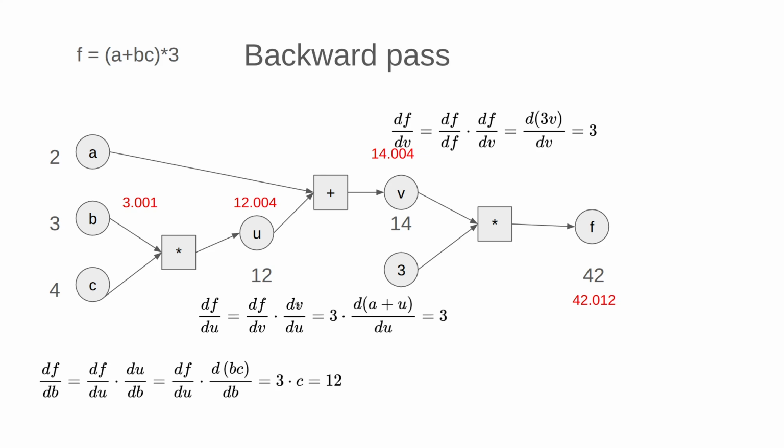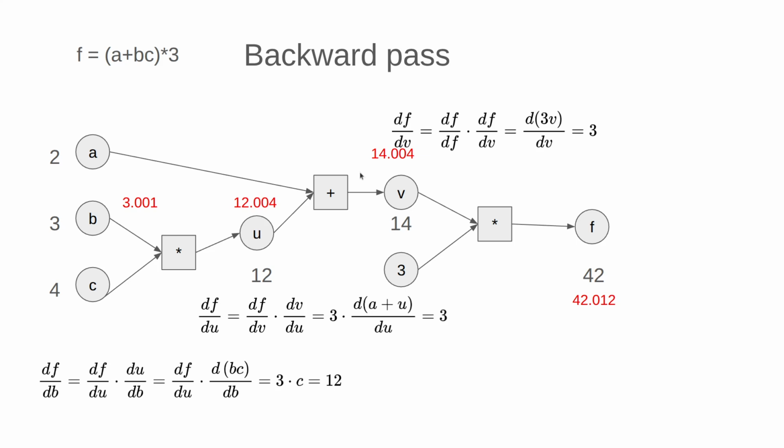So you just multiply 3 with 1 to get the gradient of u here. And you just set the gradient of u to be 3. So the gradient of u will be 3.